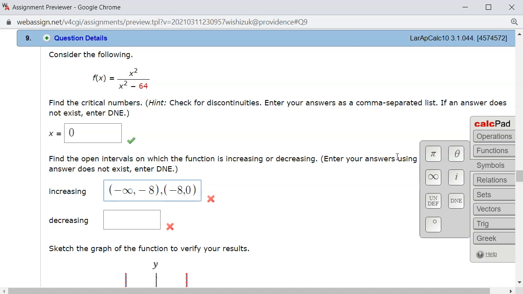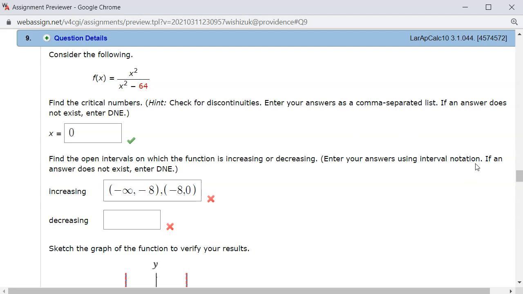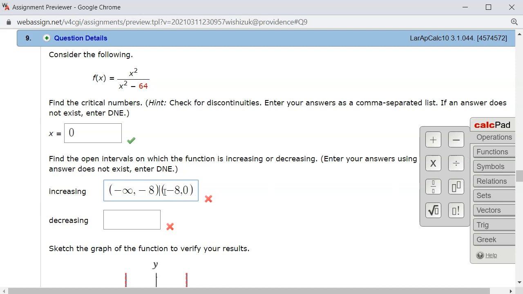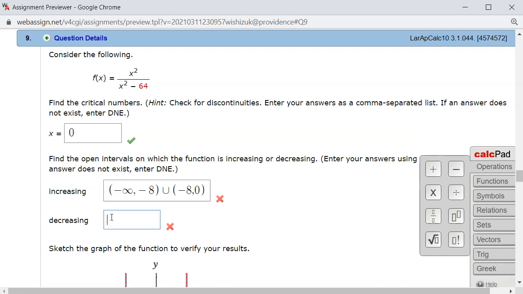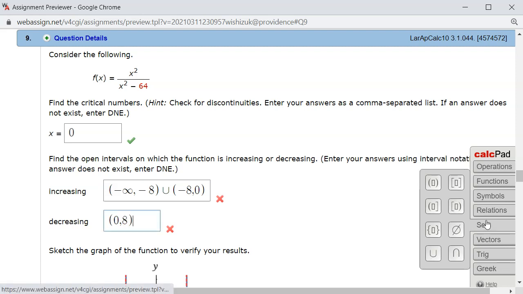Do we need interval notation? I'll use the union. Decreasing after 0 is 0 to 8, union 8 to positive infinity.